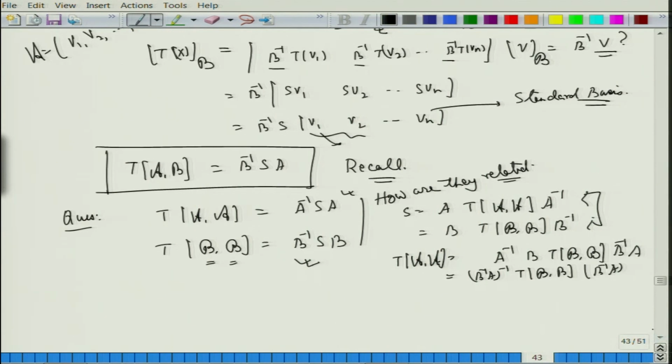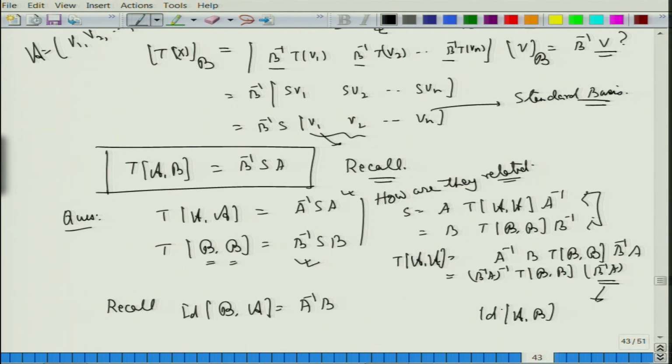So this is the way we wrote, and recall that B inverse A was the matrix of identity. I think I had written that there was this map identity, which I wrote as A inverse B. Here looking at B inverse A, and therefore this is identity from A to B.